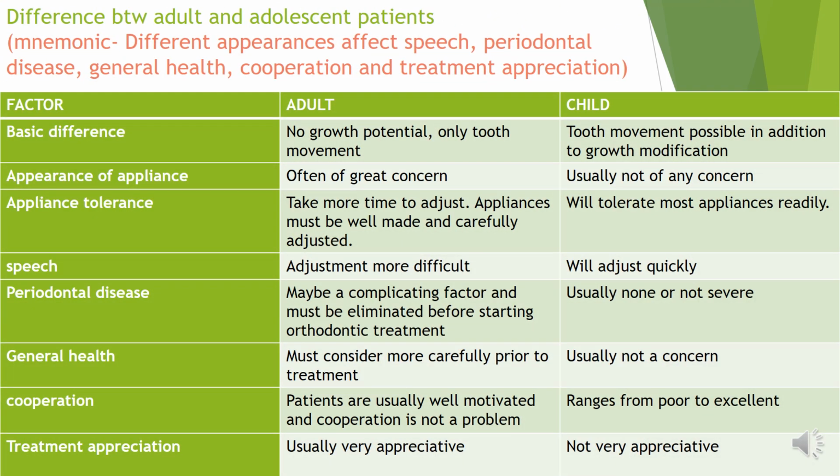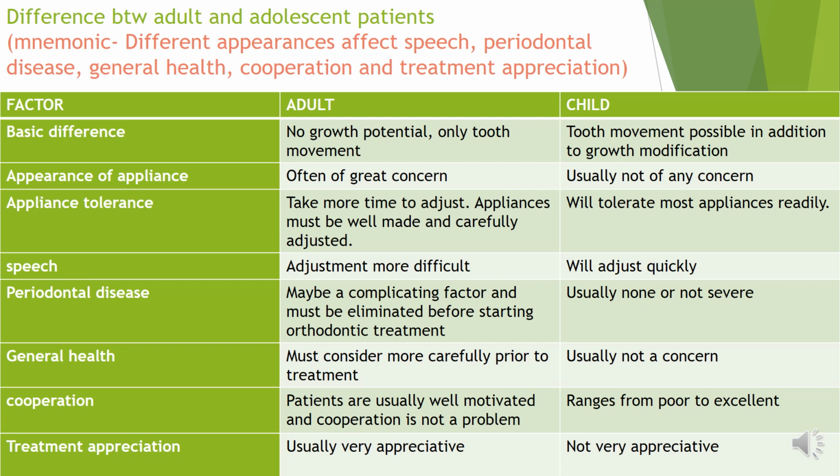Coming to the difference between adult and adolescent patients, the basic difference is that there is no growth potential in adults. Only tooth movement can be expected. However, in children, there is possibility of tooth movement along with growth modification. Appearance of appliance is often a great concern for adults.